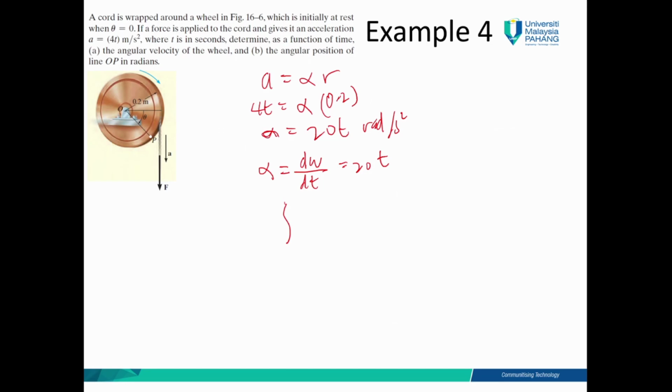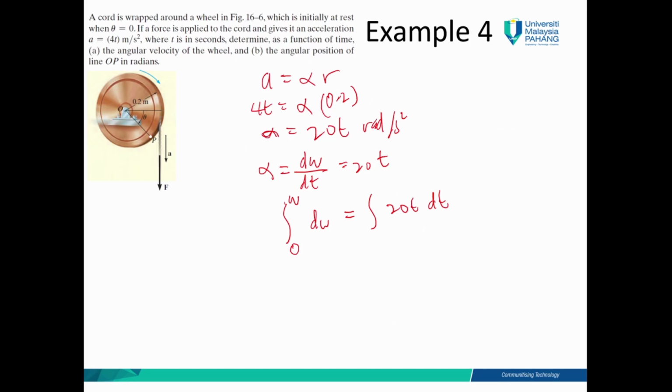We also know it's starting from rest, right? So starting from rest, we integrate until a certain velocity that we're interested in. The omega is equal to the integration of 20t dt, because you bring this dt over here, right? So the integration is between what and what?